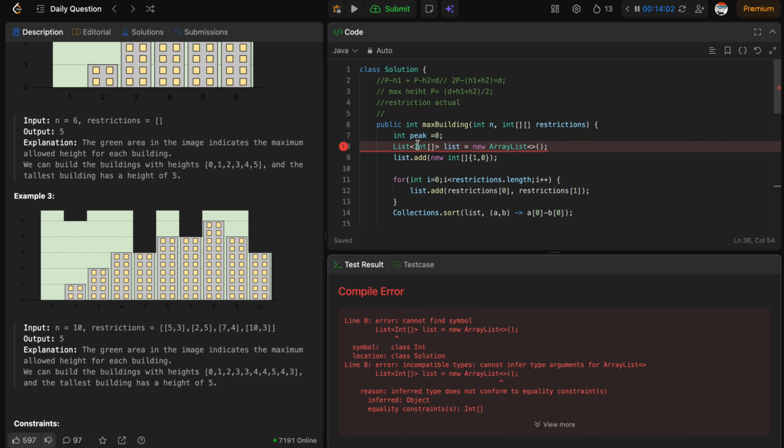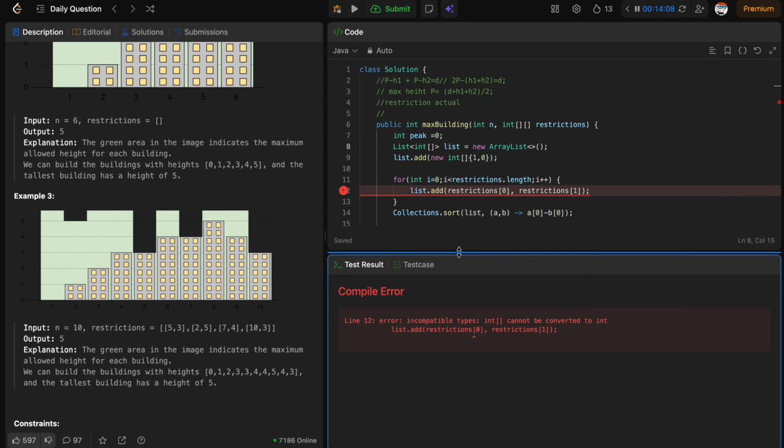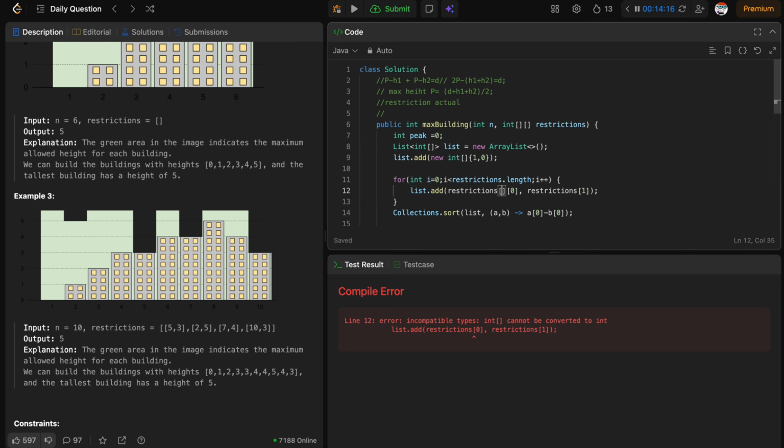Okay, it should not be, it's int. Restriction. Oh. Okay, no. Sorry. Alright.